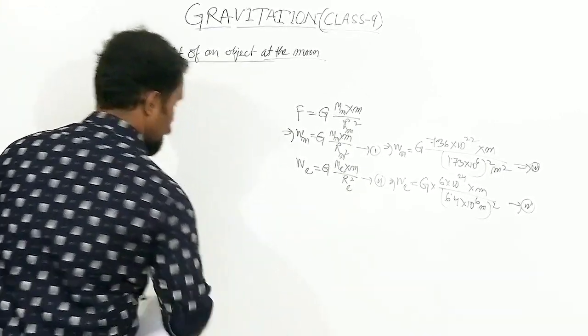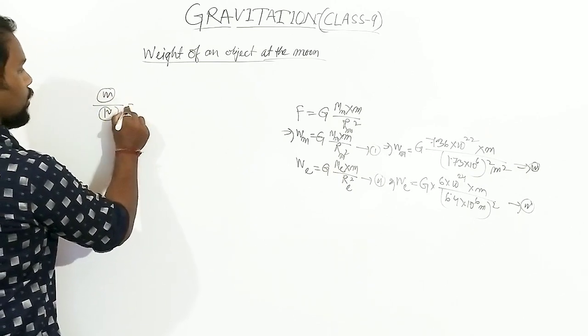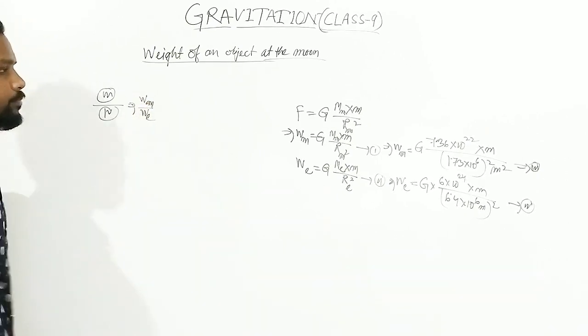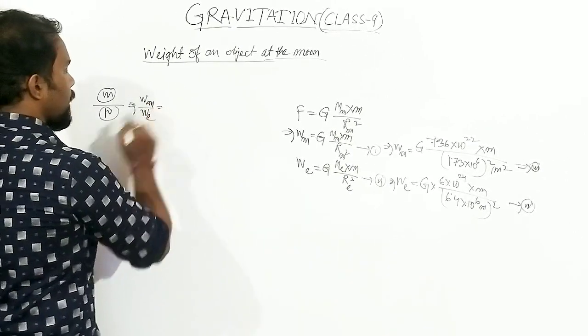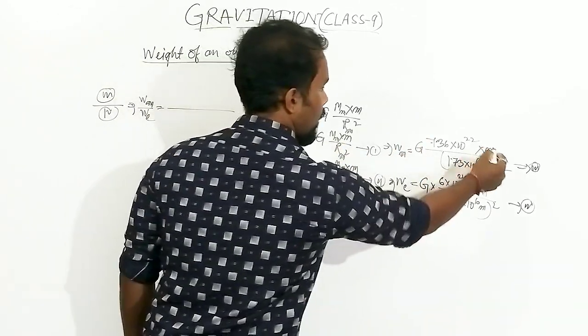So if we do that, 3 by 4, we get Wm by We. G will cancel out, m will be cancelled out.